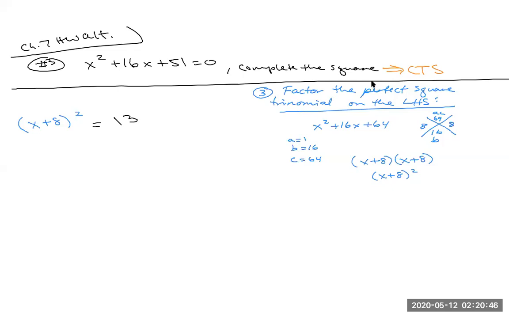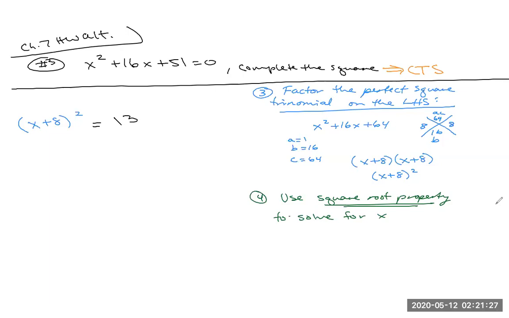All right, guys, so we left off with our completing the square. We have our factored perfect square trinomial on the left-hand side, and we have a positive 13 on the right-hand side. Our 4th step is going to be to use the square root property to solve for x.